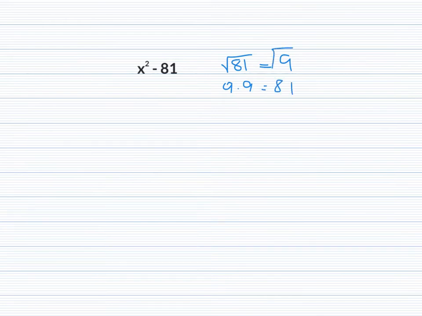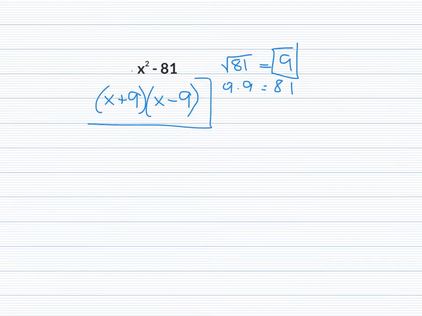So if you know 9, this is going to break down into x plus 9 times x minus 9. That's it. When you see the difference of perfect squares, it breaks into the square root of both of them.